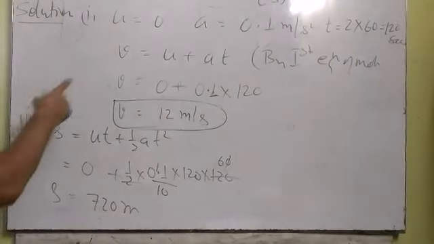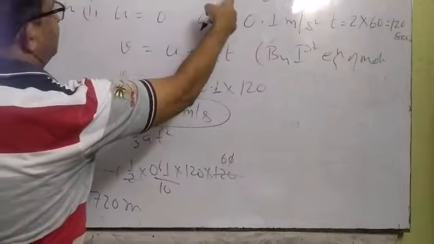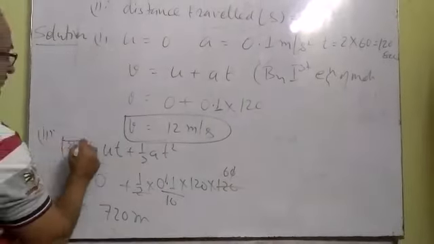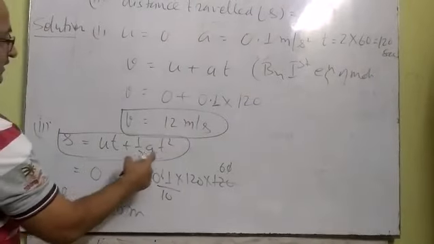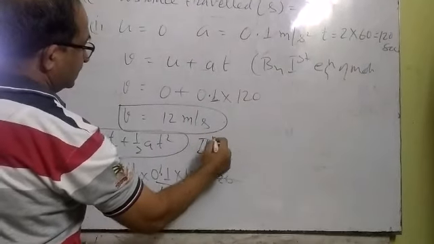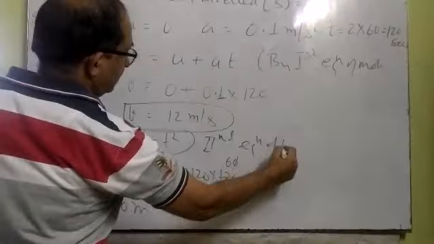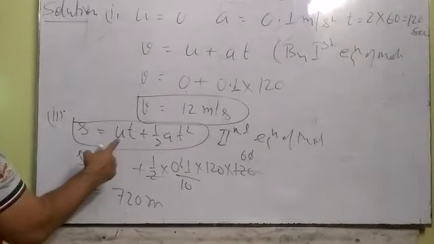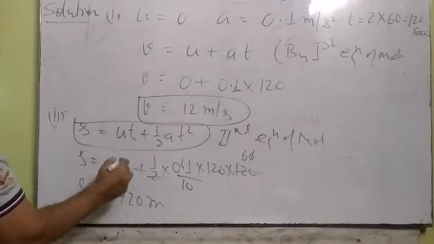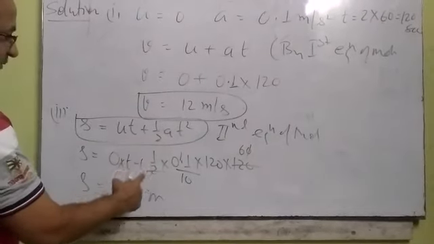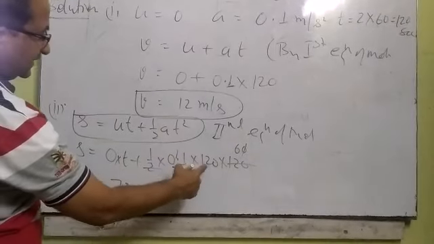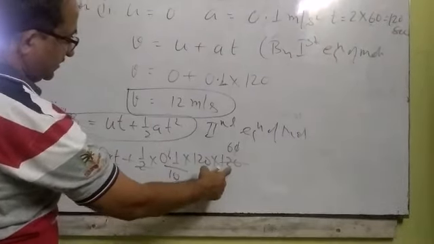For the second part, in which we have to calculate the displacement, we need to apply the second equation of motion, S is equal to ut plus half at square. This is the second equation of motion. We will get the value of S by placing the value of u as 0. So u into t is again 0, plus half into A, which is 0.1, and t is 120, so 120 into 120.